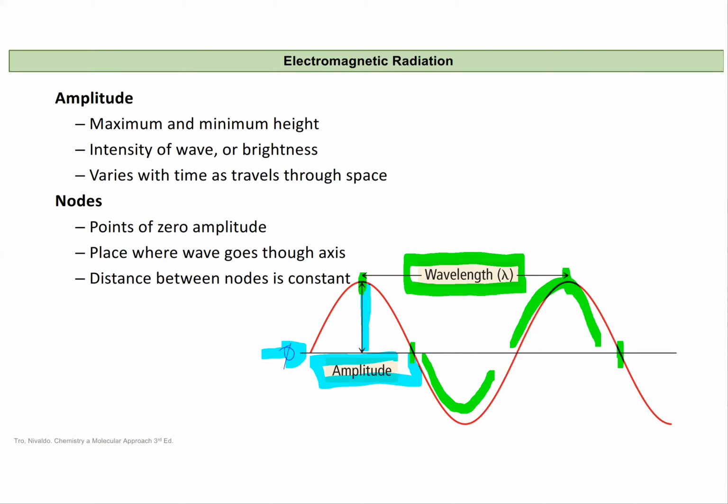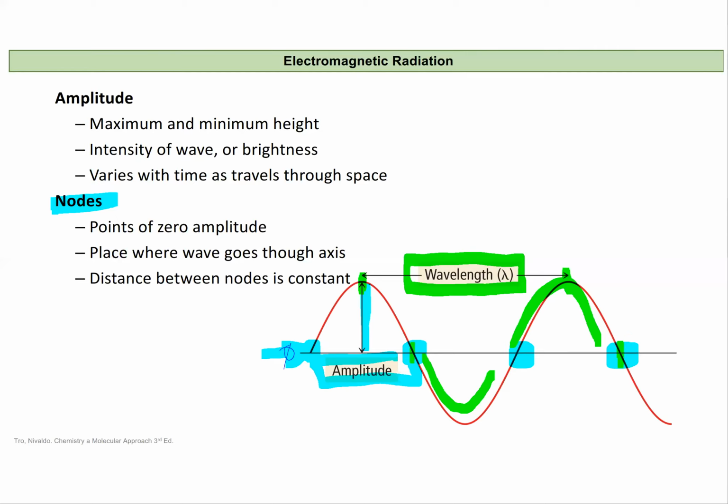And we think of this really as the intensity of the wave. Nodes are another important one. The node is where the wave crosses past zero on an XY axis. The other way to think of it from a chemist perspective is where it changes sign from being positive to negative. So I've got a node here and here and here and here.